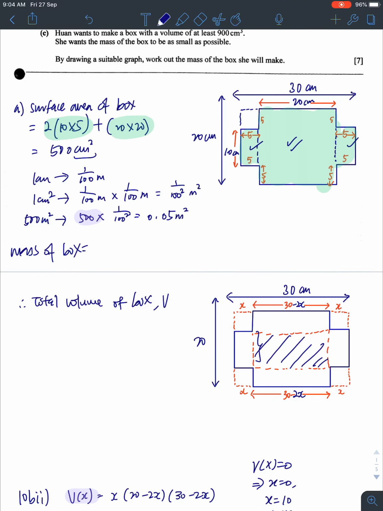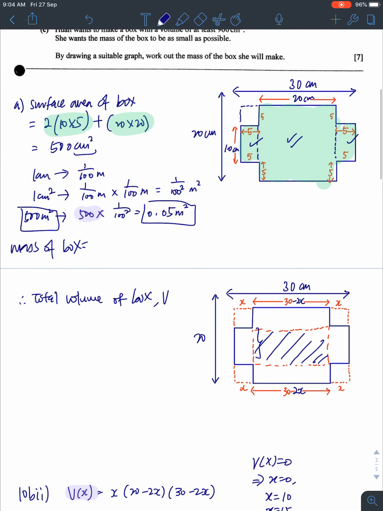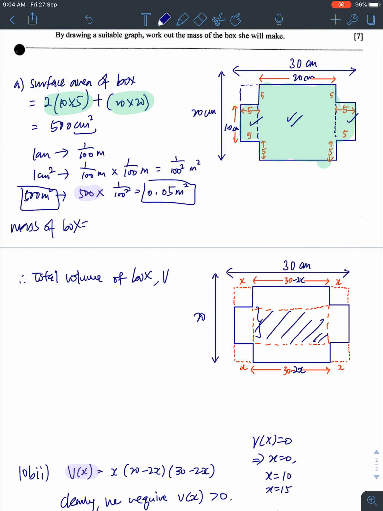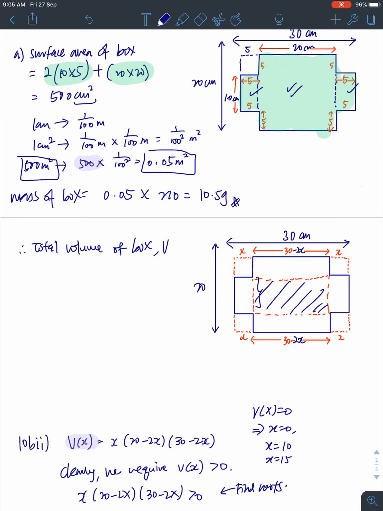We multiply 500 on both sides and obtain 0.05 meter square. The mass of the box will simply be 0.05 multiplied by 210, and that gives us 10.5 grams, which is the mass of the box when squares of side 5 cm are cut out from this rectangular piece of cardboard of dimensions 30 by 20.